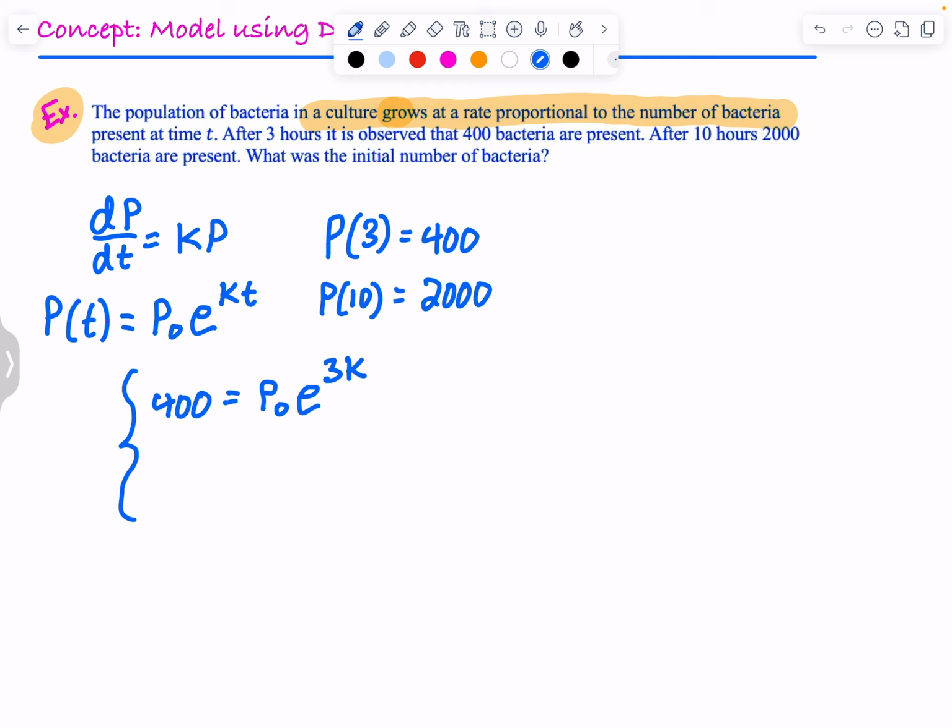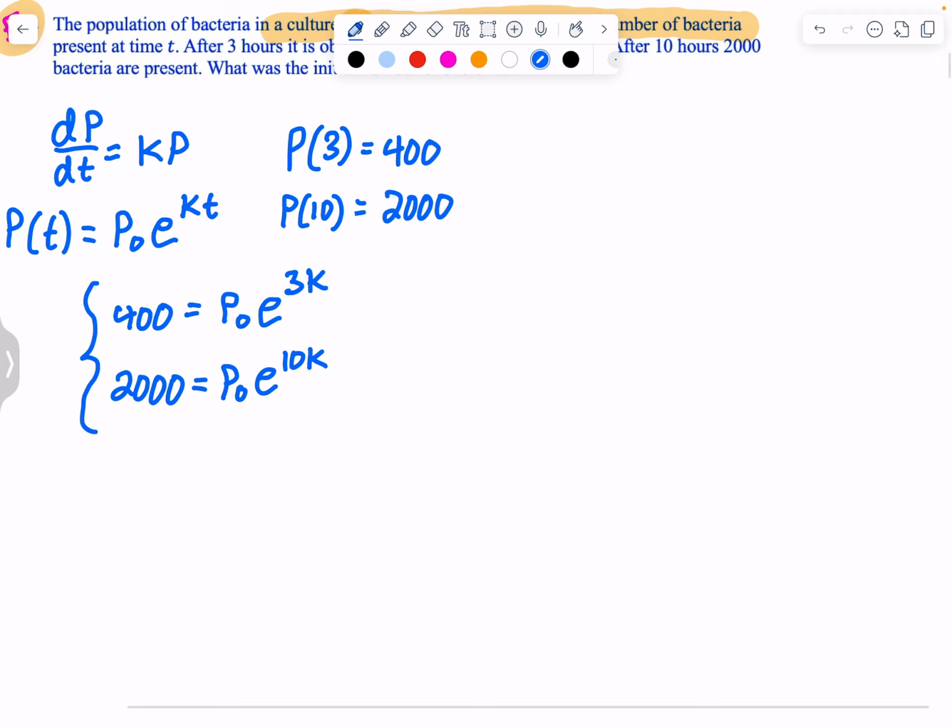All right, we're going to do the same thing for the second equation. 2,000 is the bacteria growth or the result. Then we have P naught, still don't know what that is, e to the 10k. All right, so we have a system. This isn't a linear system, so I can't use my calculator, unfortunately. So usually what I try to do here is plug one into the other or get them both set to the same variable.